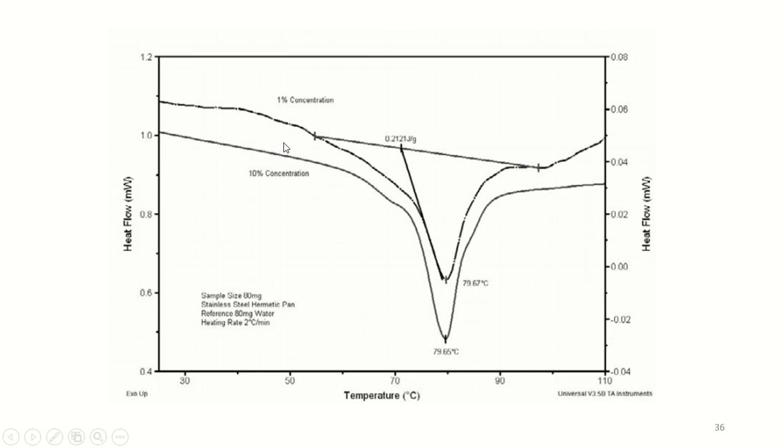At 1% concentration, a peak of about 40 microvolt in height and 0.21 joule per gram in area is easily detected. The sharpness and minor detail associated with the peak is however less clear because of low signal strength.